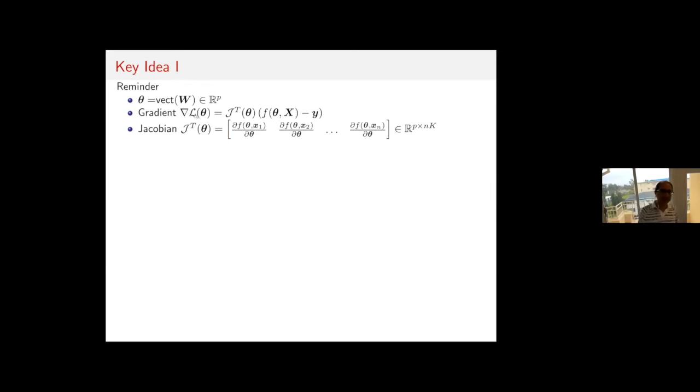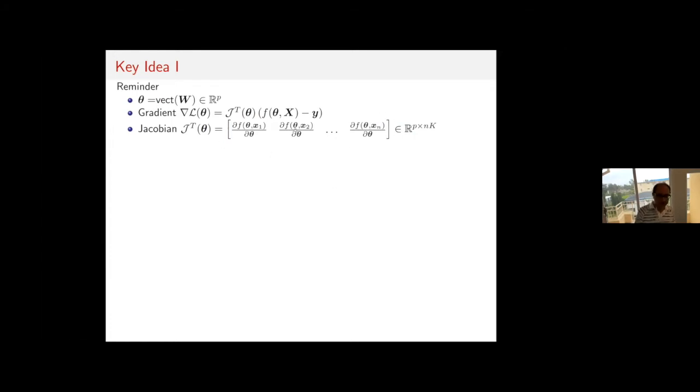It's the residual, the output of the neural network minus the labels. And the gradient is that residual times this Jacobian matrix, right? This is just the Jacobian of the output of the network with respect to the parameters. In this case, this Jacobian matrix looks something like this.